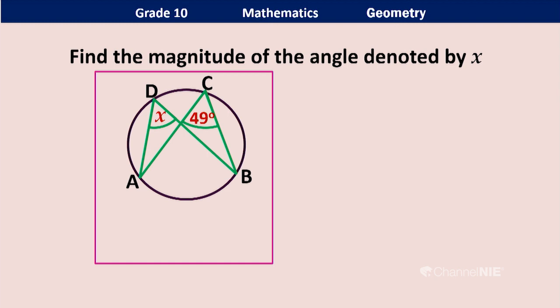Therefore, we can say the magnitude of angle ACB is equal to the magnitude of the angle ADB, that is X. Therefore, the value of X can be taken as 49 degrees.